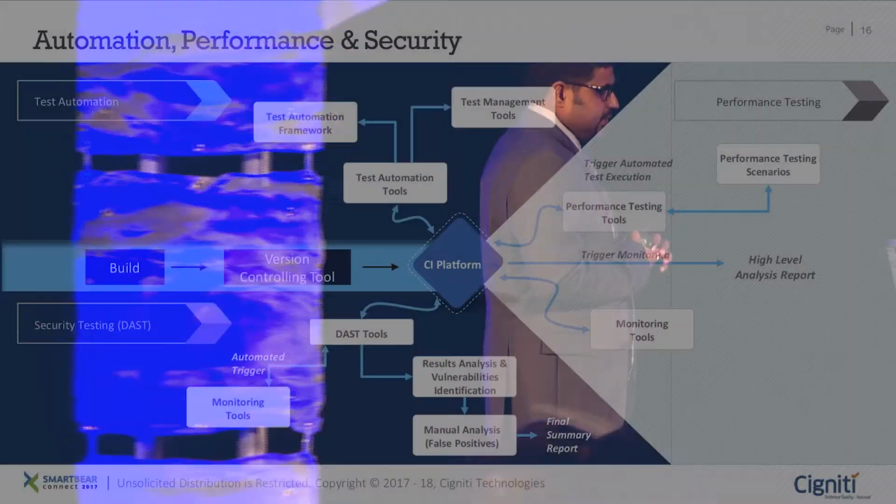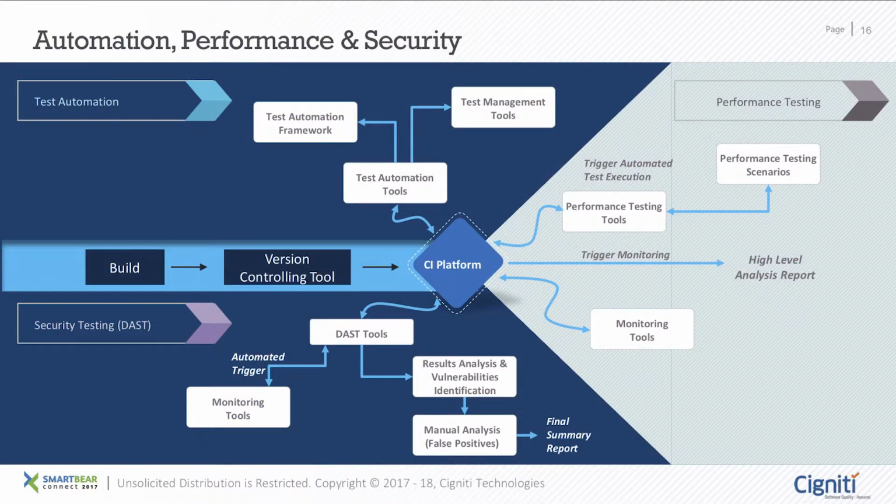So the other three aspects, when you break it up, it's automation, but automation from a functional standpoint, automation from a performance standpoint, automation from a security standpoint, you need to look at it. So how do you integrate your continuous integration platform to do all of these tests, and how that is taken up in terms of, you would have a test automation framework and a test automation tool and a test management tool in specific, and how all of these three can be integrated and run specific tests on a specific build.